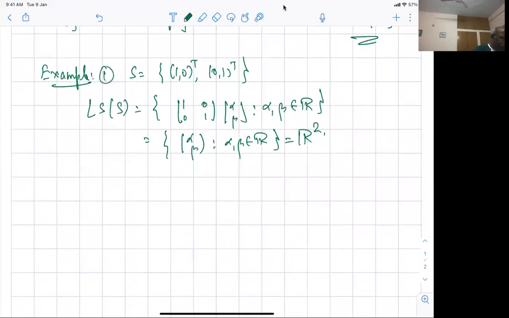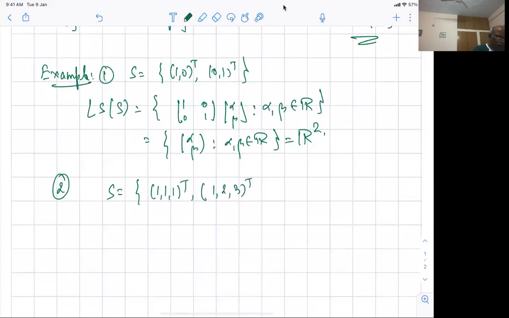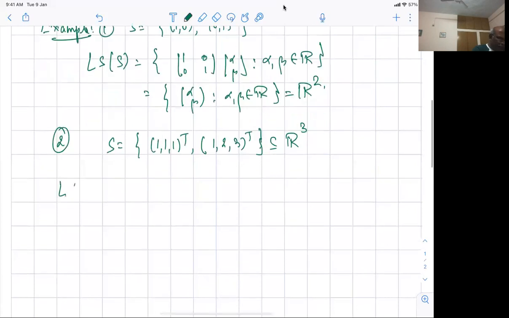Example two: S is (1, 1, 1) transpose and (1, 2, 3) transpose, so I'm looking at this as a subset of R3. Again, I'll look at LS of S by making a matrix out of it: 1 1 1 and 1 2 3.